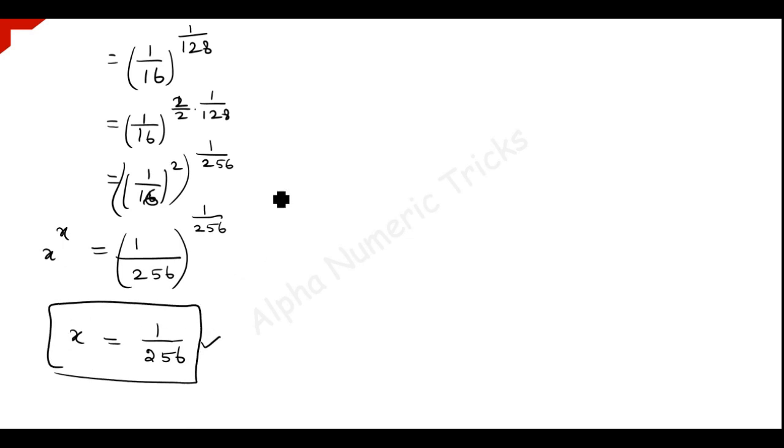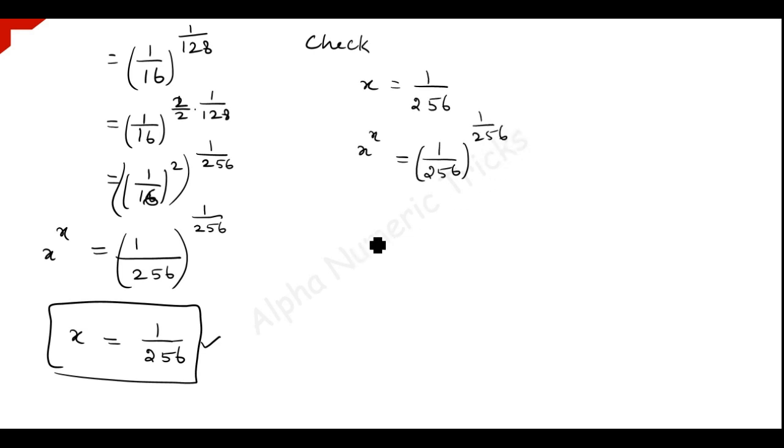Now we will check whether our answer is correct or not. Here x is equal to 1 over 256. x to the power x is equal to (1 over 256) whole to the power 1 over 256. This 256 can be written as 2 to the power 8, so (2 to the power 8) whole to the power 1 over 256.